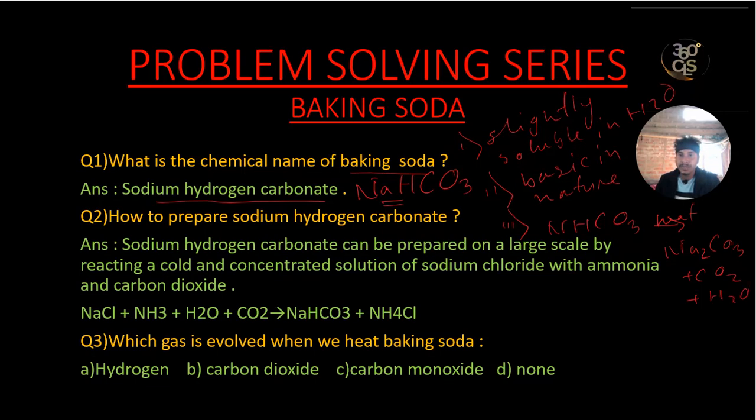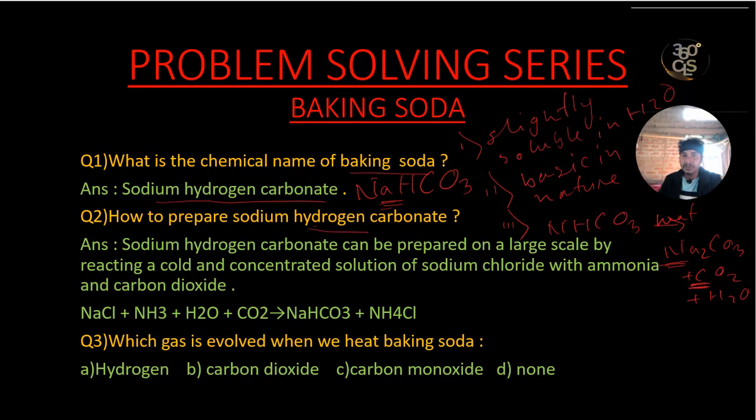So when you heat sodium hydrogen carbonate, we get sodium carbonate and carbon dioxide gas. Due to the production of this gas, we use this sodium hydrogen carbonate as baking soda.